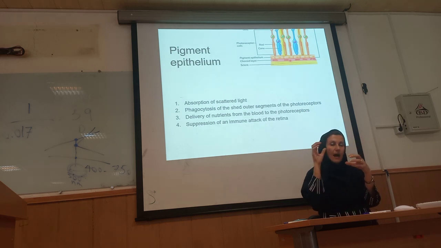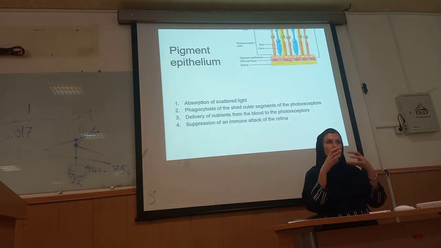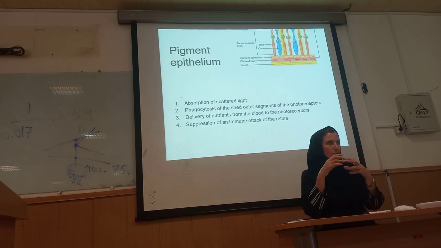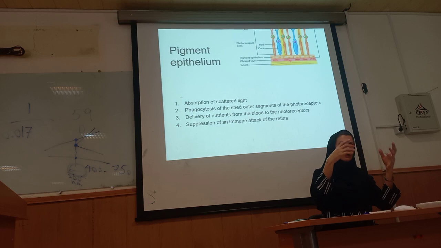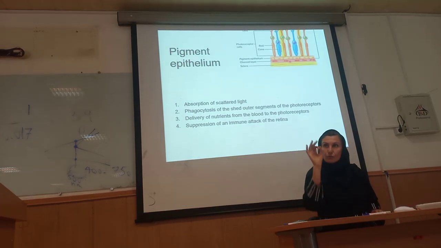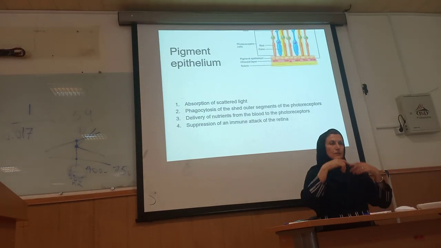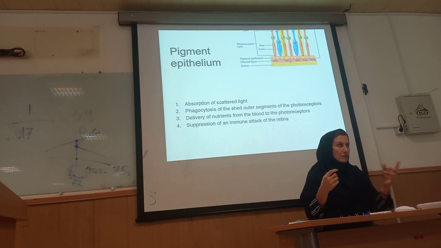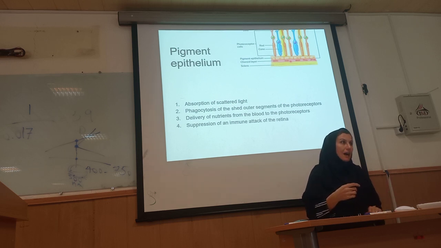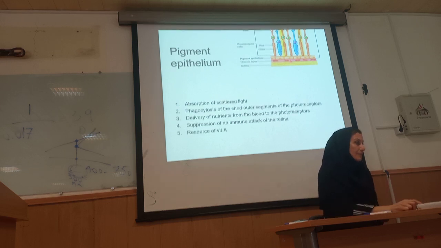When immunological molecules or cells like lymphocytes, neutrophils or others attack our cells because of, for example, autoimmune or other things, they protect our photoreceptors.